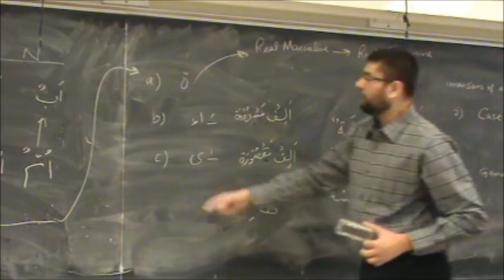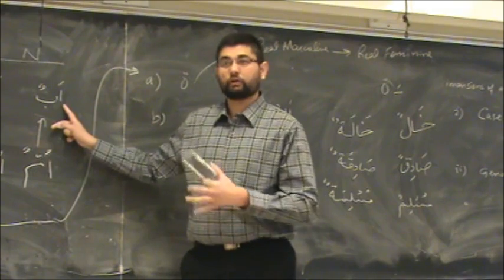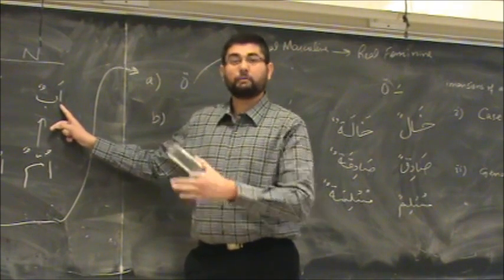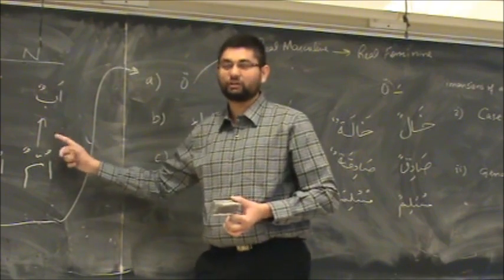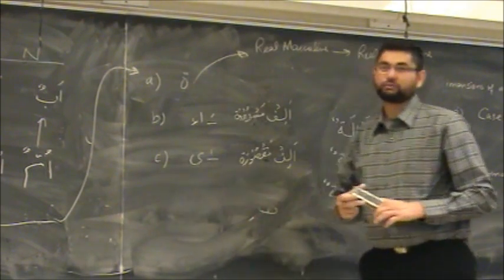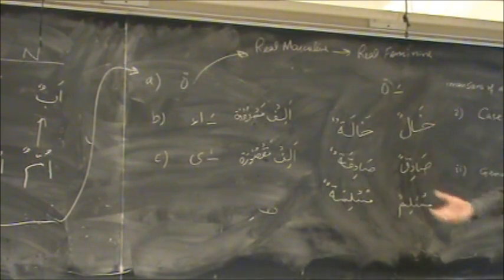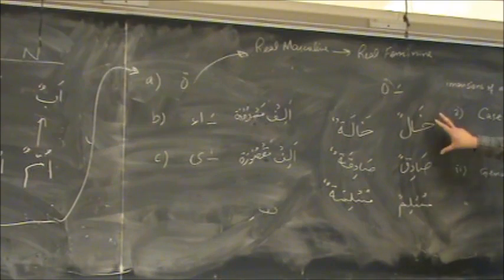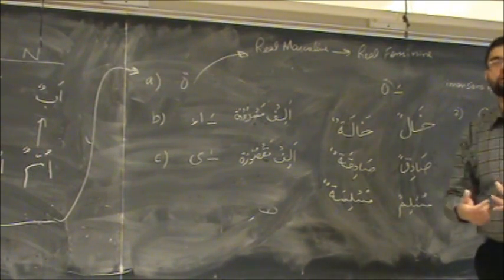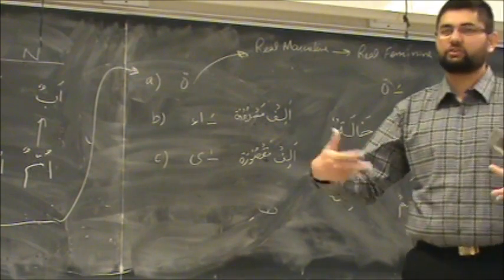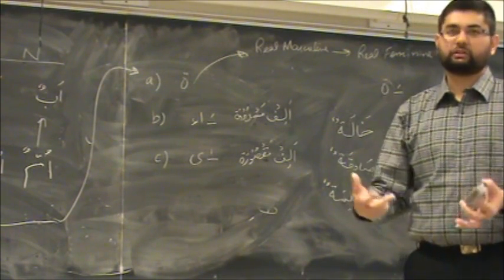Like for example, if you have abun, you won't say abatun to make it mother. There is already a word umun for abun. So it applies to some of the nouns, not all of them. But mostly characteristics like sadiq, kadhib, mushrik, Muslim, these are characteristics. These are adjectives.